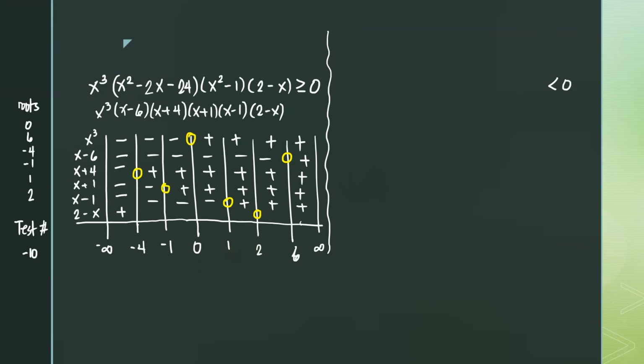Positive, positive, positive. Here, it's positive, and then it becomes negative. So look, let's count the number of times. Odd number of times, so negative. Are there any questions on how I did this?